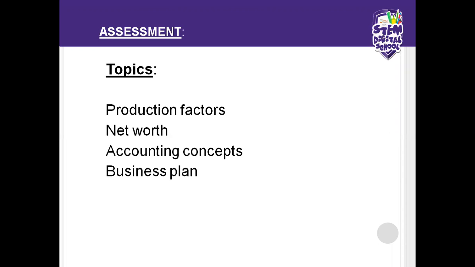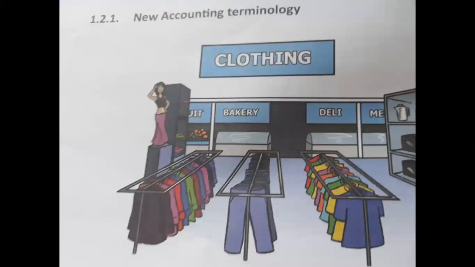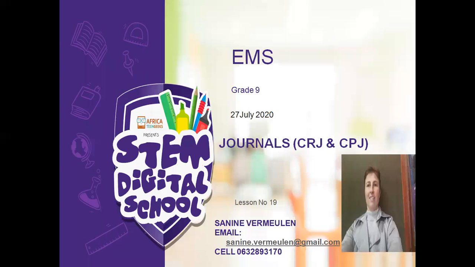Remember, on the first slide my details are always there. Let me quickly go back to that first slide so you can see it. If you are struggling, just take a screenshot of your answers and either email or WhatsApp it to me.